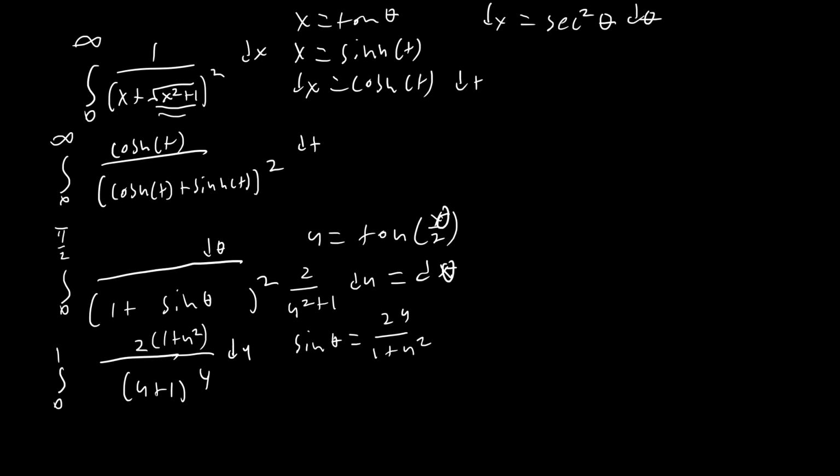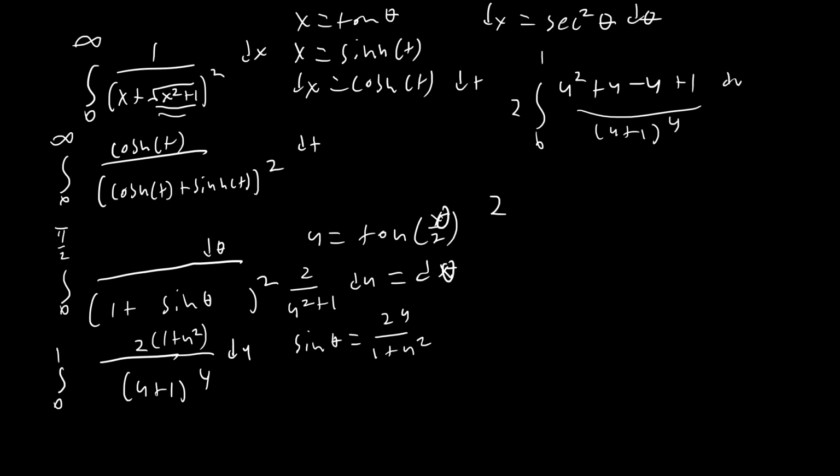So we're just going to have to do 2 times the integral from 0 to 1 of (u squared minus u plus 1) du over (u plus 1) to the 4th.